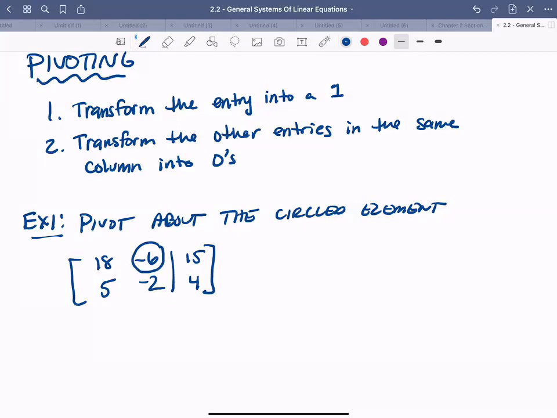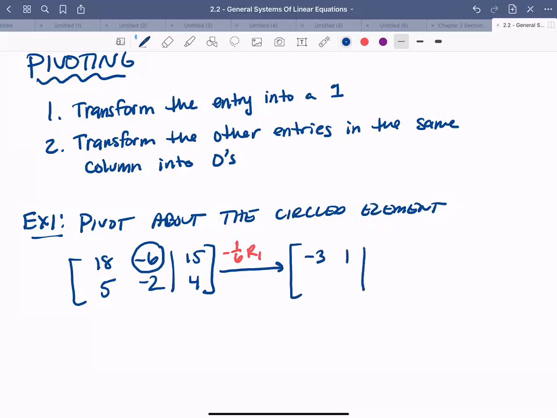So our first goal is to transform that entry, -6, into a 1. And how we do that is we use our elementary row operations. We are going to multiply that entire row by -1/6, so -1/6 times row 1. So 18 times -1/6 gives us -3, and then -6 times -1/6 gives us 1, which is our goal.